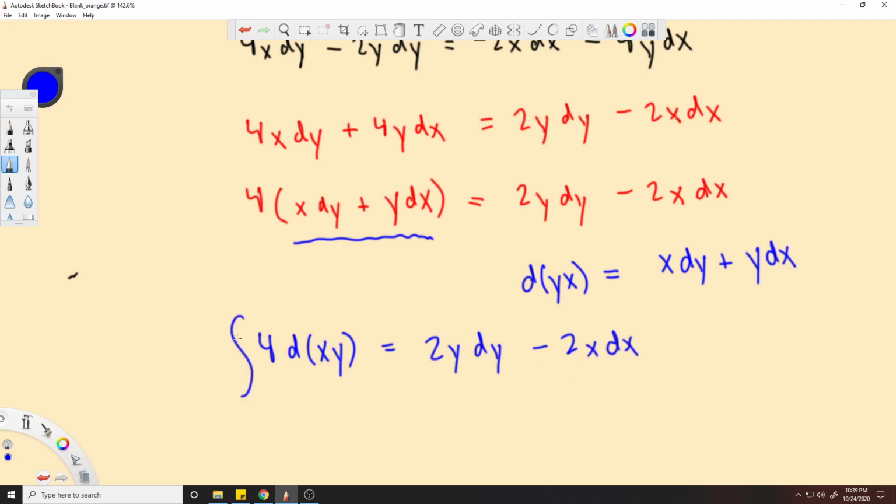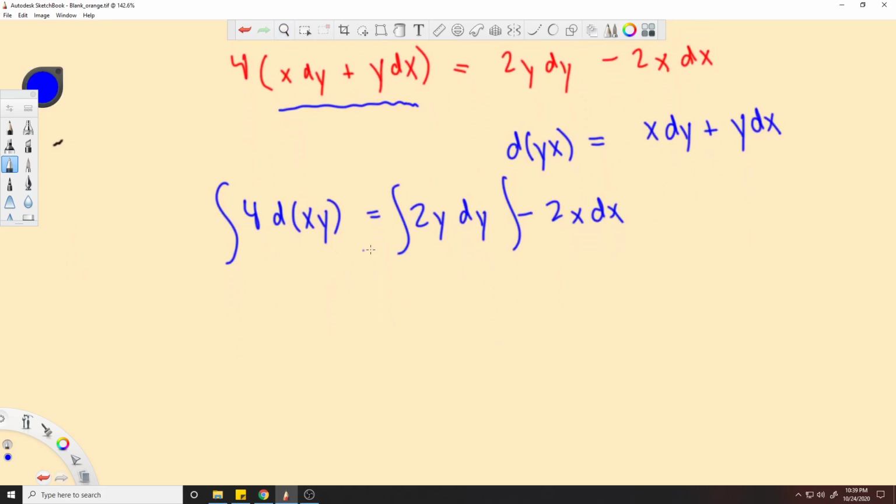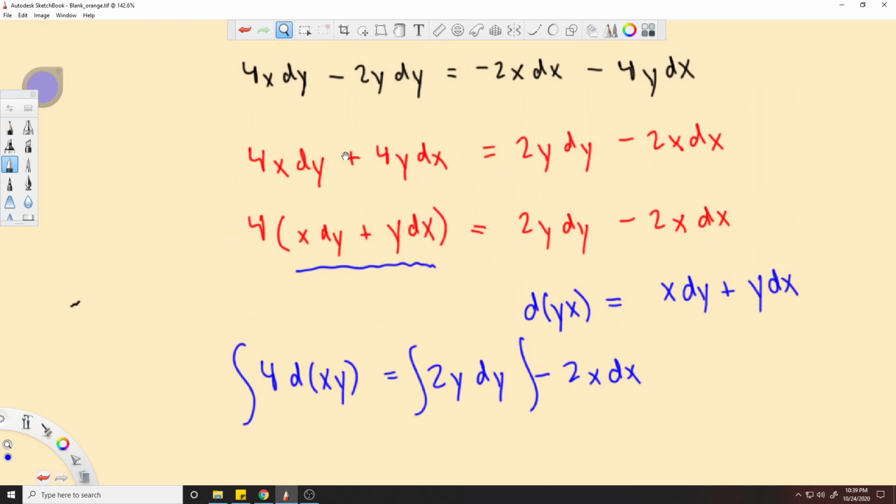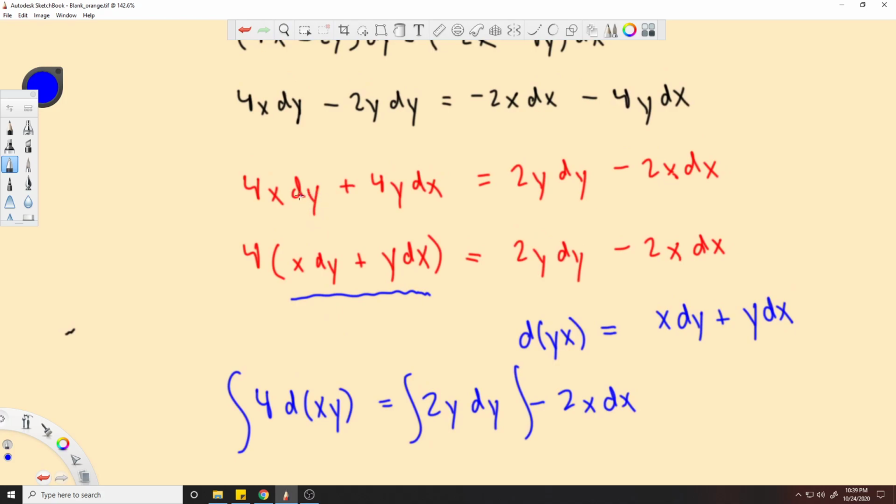We will integrate all of these. Before I go on, some of you may think to integrate right here and just end up with a 4xy. You can't do that because this x is not a constant.